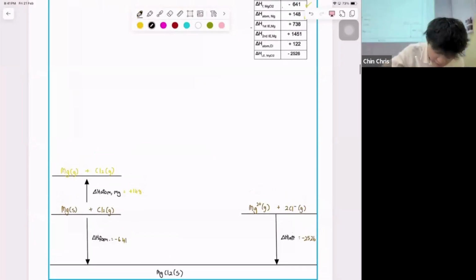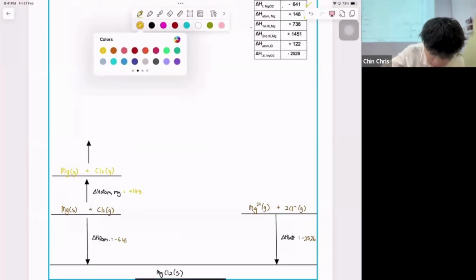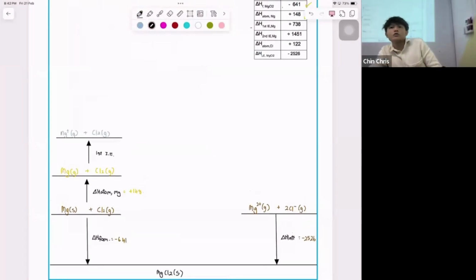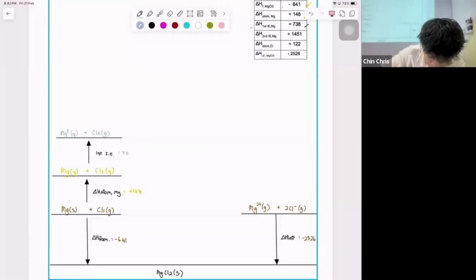Alright guys, next. Mg turns into Mg plus, right? So this is your first IE. Then guys, how do you turn Mg plus to Mg2 plus? Your first IE value is 738, right? Put it down.